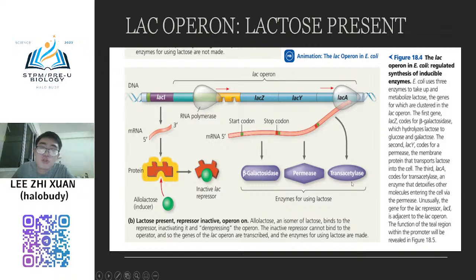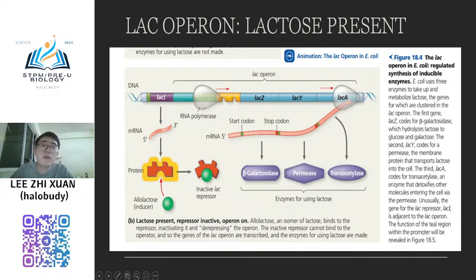So these are the three enzymes. What is the function of these three enzymes? These three enzymes are responsible for hydrolyzing the lactose. So this is what we call the lac operon switched on already, because there is no barrier at the operator.